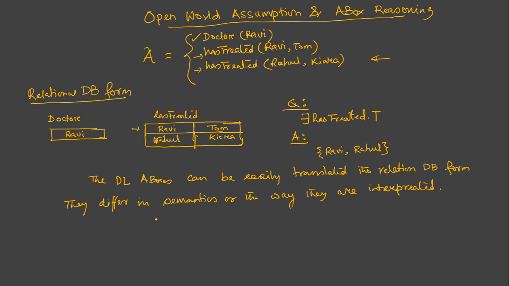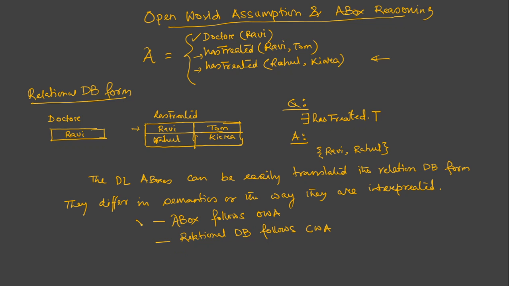Now, the difference lies in the fact that the A box follows the open world assumption and the relational DB follows the closed world assumption. Right. So what is the implication for reasoning if the A box follows OWA and the relational database follows CWA?